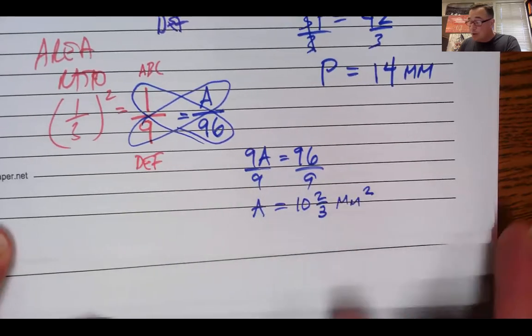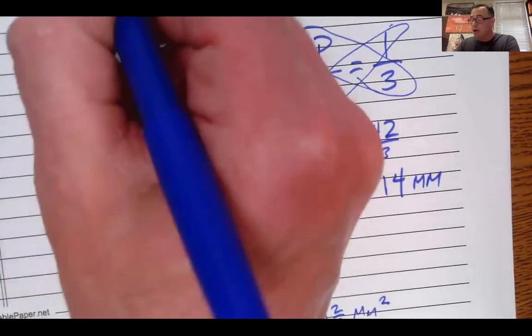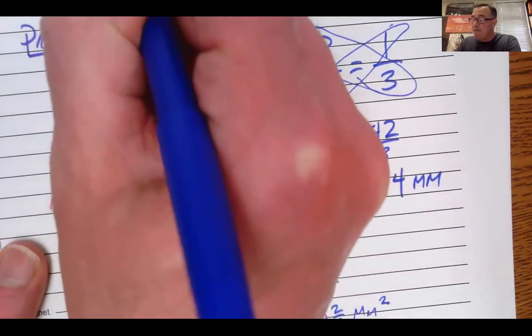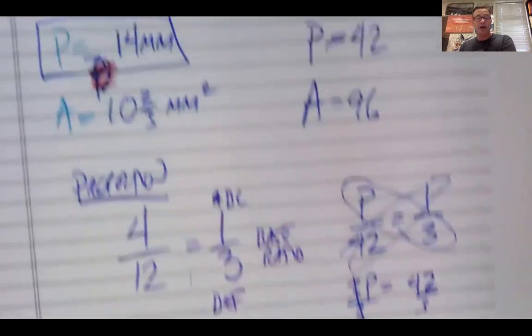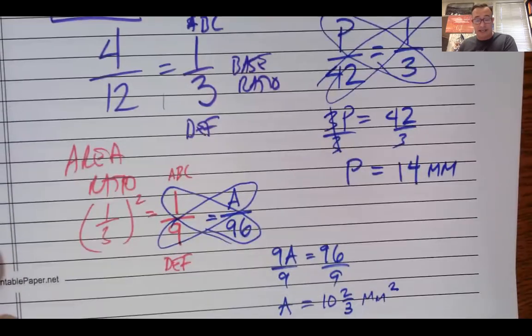math. This is one of the reasons, though, that you really want to share your work so that I can see if you have made a mistake somewhere. I can say, okay, when we're looking at this, we got 10 2/3 millimeters squared. And in your head, you're thinking, is this right? It's 100% right. But what's going to really let me know is that I see you did this to get here. You compared the correct 2 fractions.